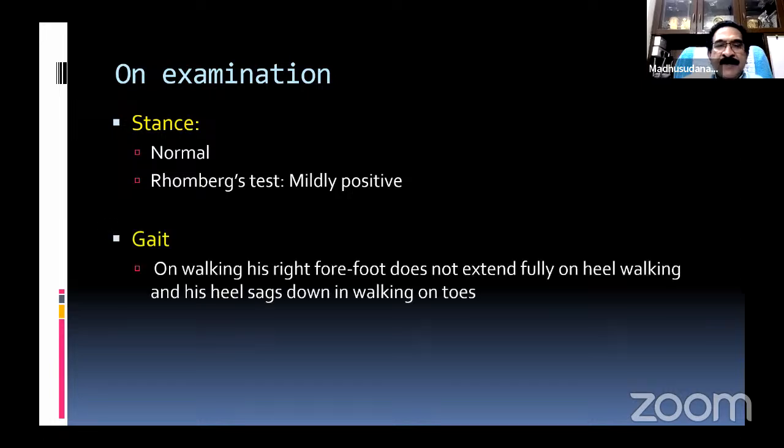Gait: on walking on heels, his right forefoot does not extend fully. And his heel sags down on walking on toes. Not fully extending on the forefoot on walking on heel, and walking on toes, the right heel comes down. But he could stand on toes and stand on heel.